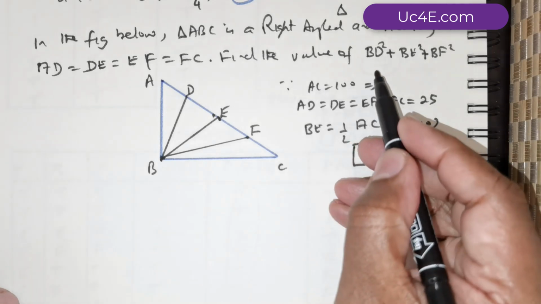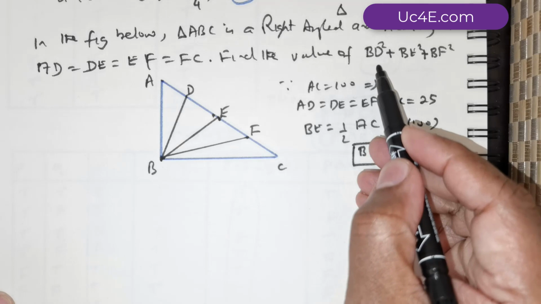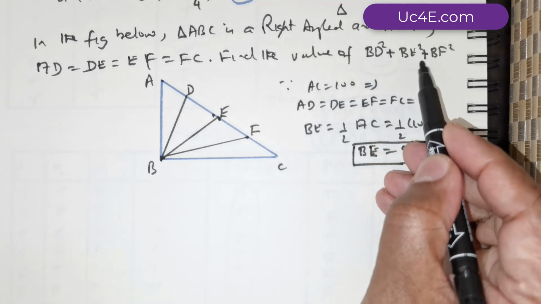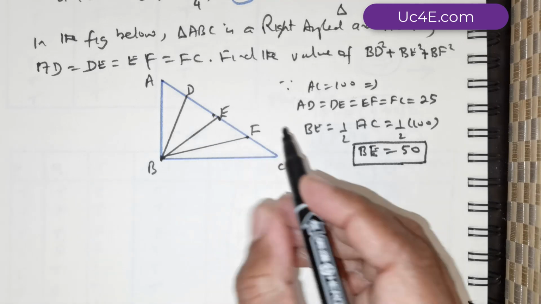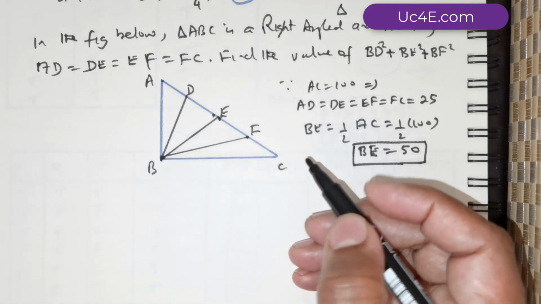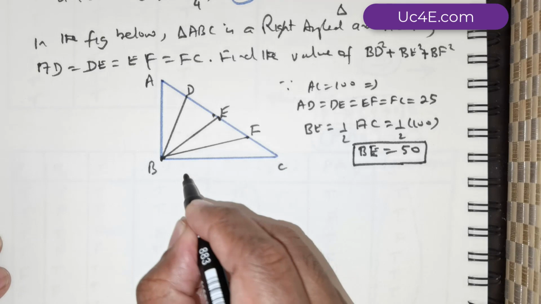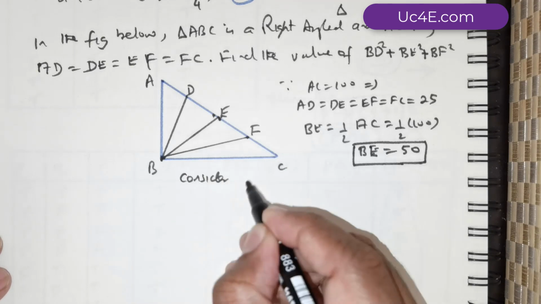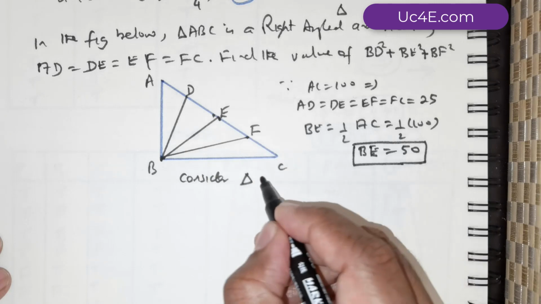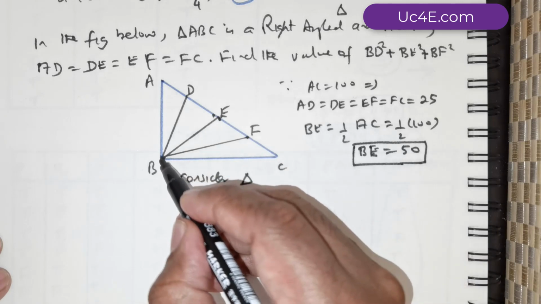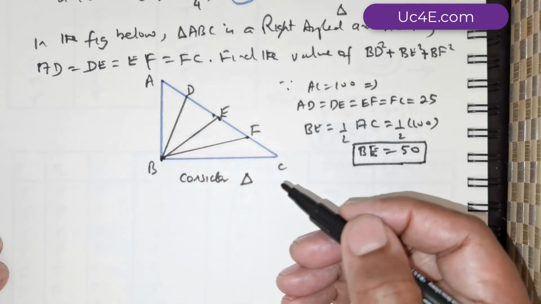Now just observe the question. They're asking us to get BD squared plus BE squared plus BF squared. So this is BD, this is BE, and this is BF. So what I wish to do is I would like to consider triangle ABE, or you can consider triangle BAE, whatever you wish.